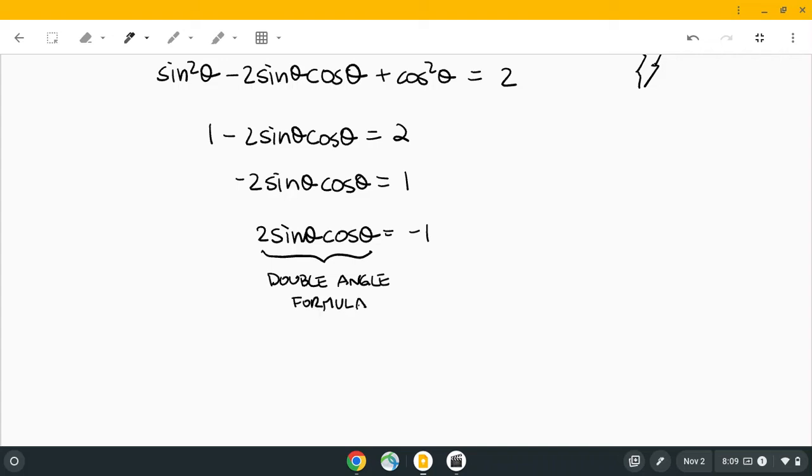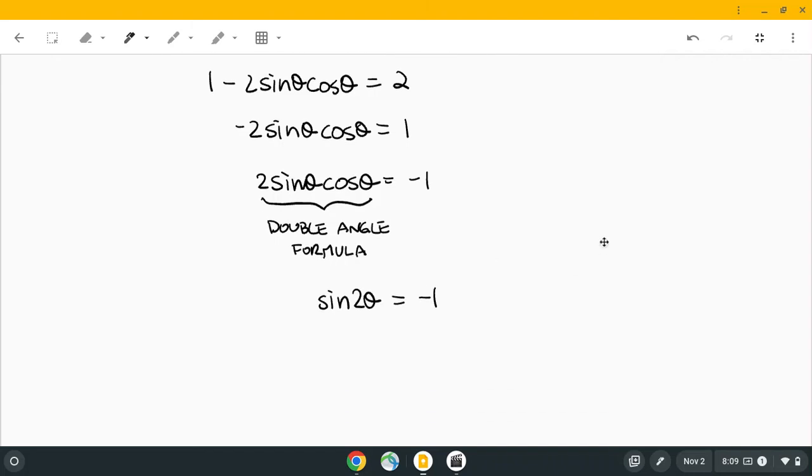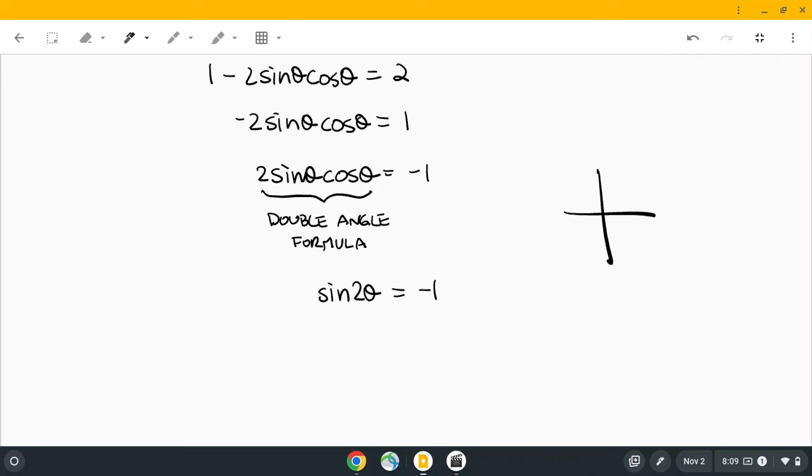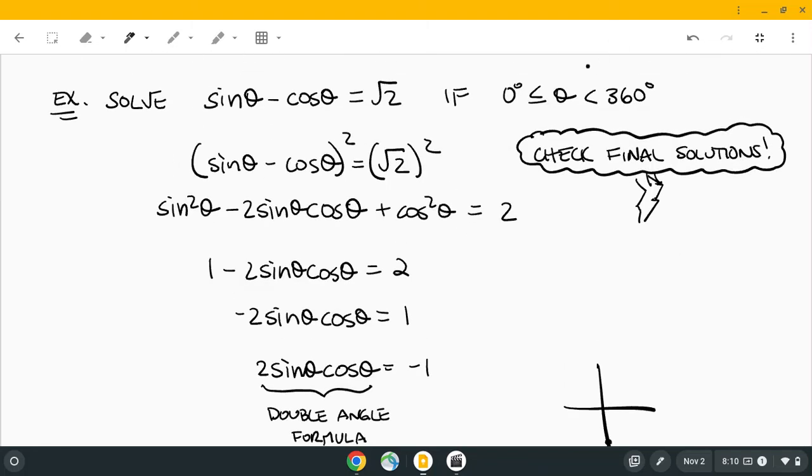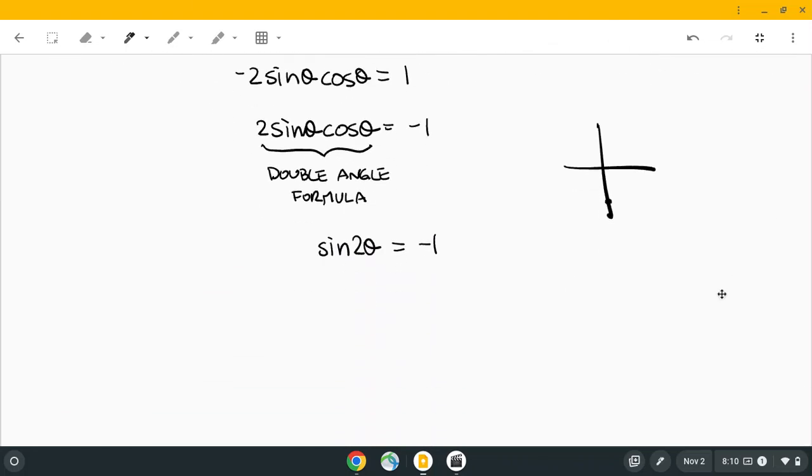So that is sine 2 theta, and that equals negative 1. And sine equals negative 1 down here at 270. Are we in degrees? Yeah, degrees. So 2 theta equals 270 degrees.